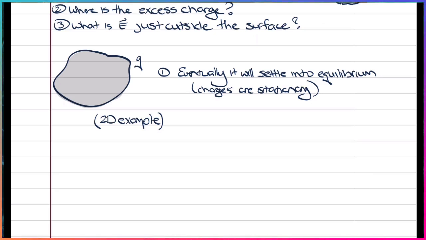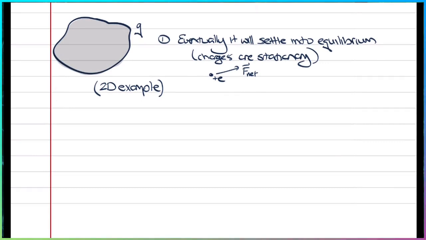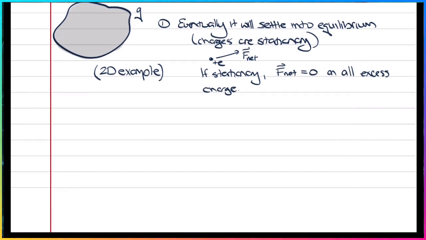If it's stationary, it will stop being stationary if there's a net force, because that will cause it to accelerate, which will cause its velocity to change from being zero. So if it's stationary, then F net is 0 on all excess charge. Again, if that were not the case, there'd be a net force and the charge would start to move.